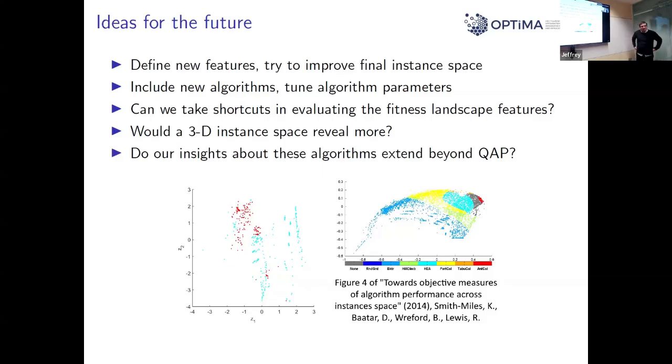So, something for us or someone else to think about in the future: some kind of comparison of algorithms which is in some sense independent of the problem space you're working on.